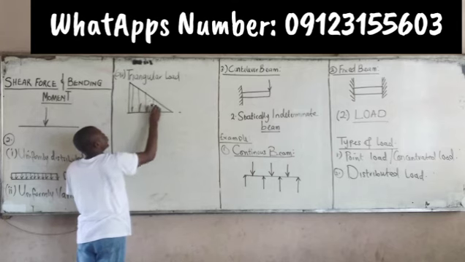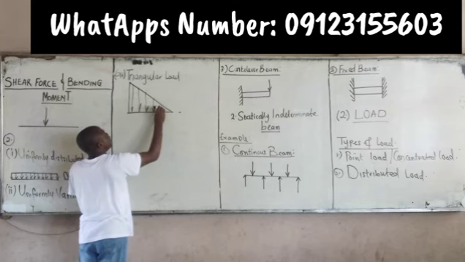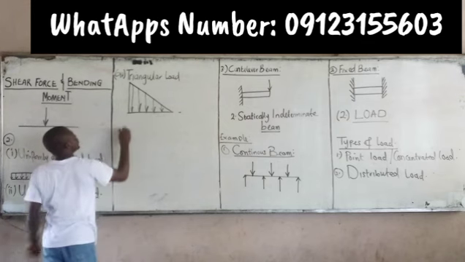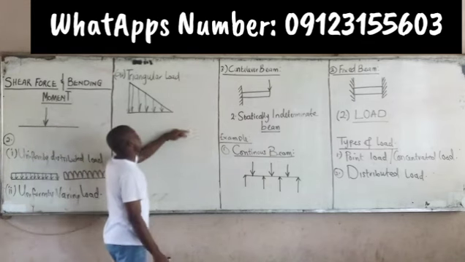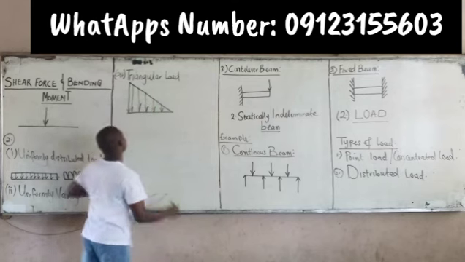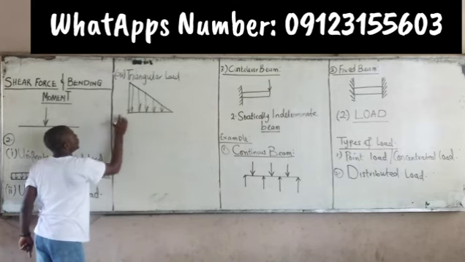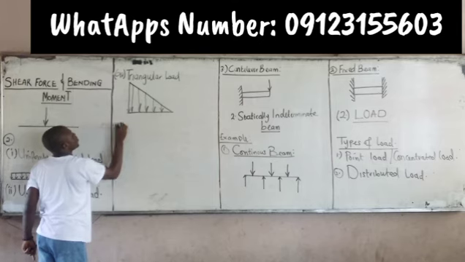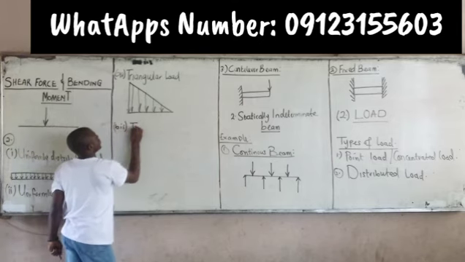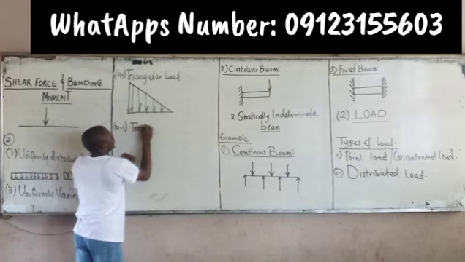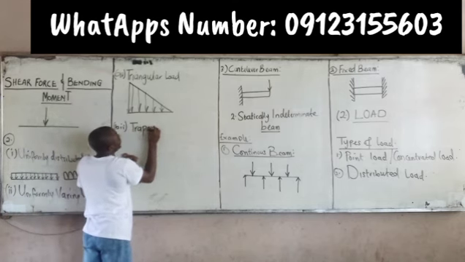It is also called a uniformly varying load. This is called a uniformly varying load, but under what? Triangular load. Another one that we have is called the trapezoidal load.